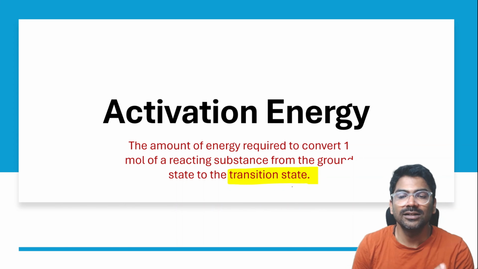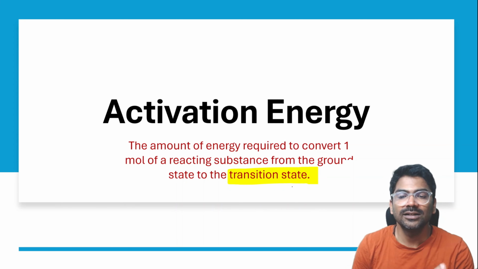For a substrate to become a product, first it has to become the transition state. Transition state is always depicted by the symbol double dagger. So transition state is a fleeting, momentary chemical species. It is neither substrate nor a product.